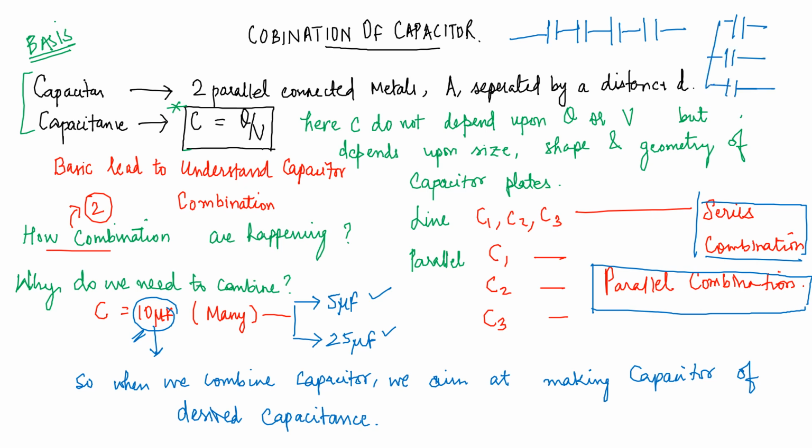So this is in series and this is in parallel combination. Only such two cases are available. Other than that, you will see geometry like this. Here also you have to find which two capacitors are in parallel and which two are in series. Once you find this, you can do further studies.